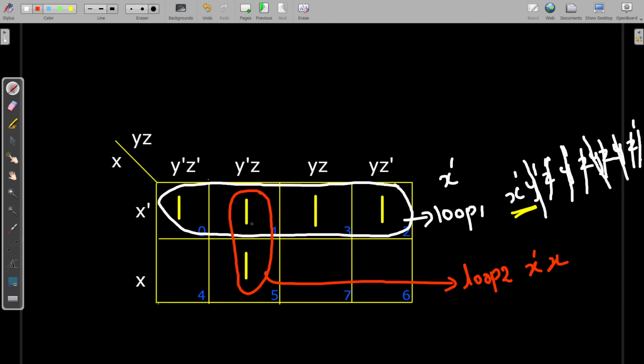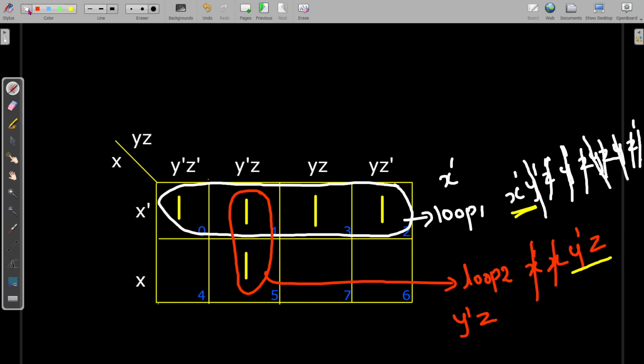Then this loop covers the first and fifth cells, and column-wise y dash z dash is set. So x dash and x get cancelled, and the remaining is y dash z dash.